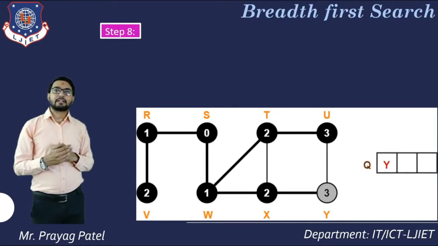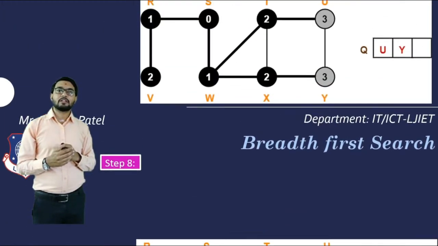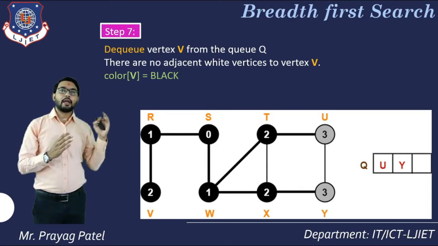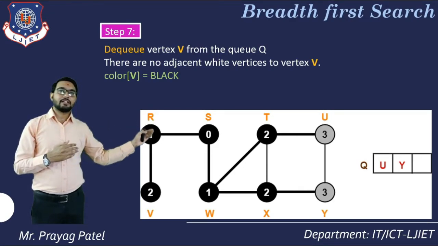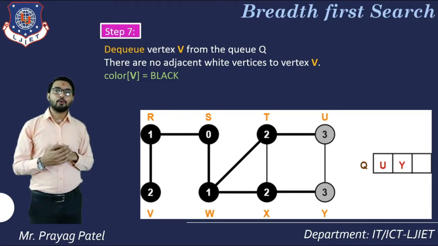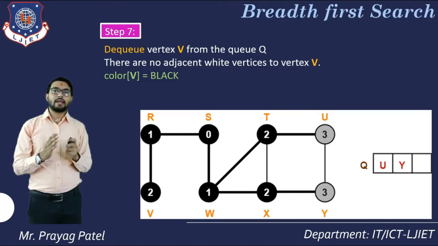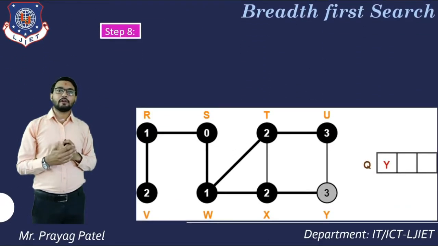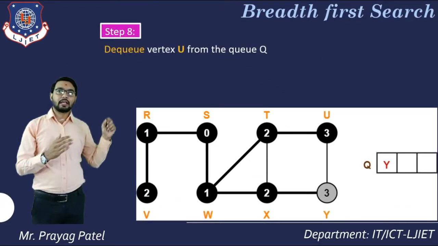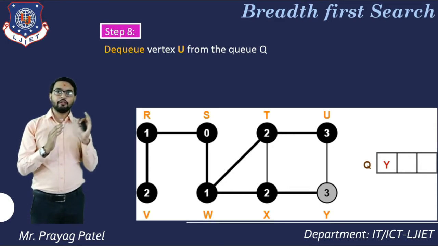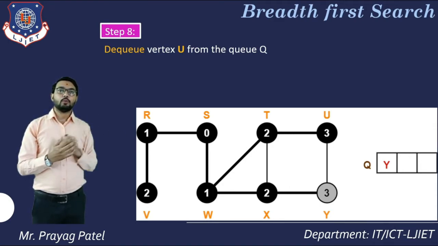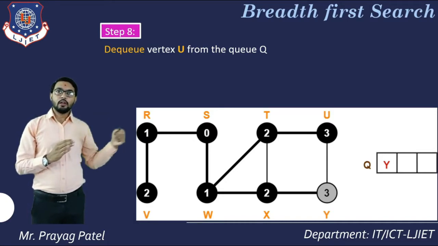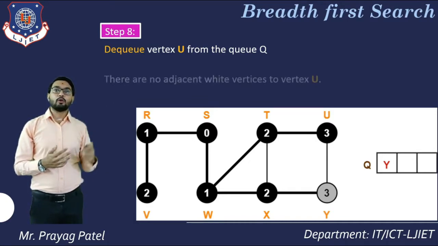Now consider the next step. In the previous step, in Q there are two elements, u and y. The first element in Q is u. So we remove the first element from the Q, meaning we dequeue the vertex u from the Q. Now consider the neighbors of the node u.